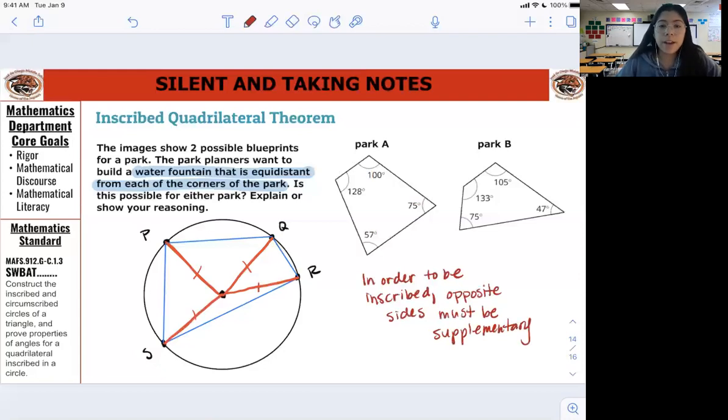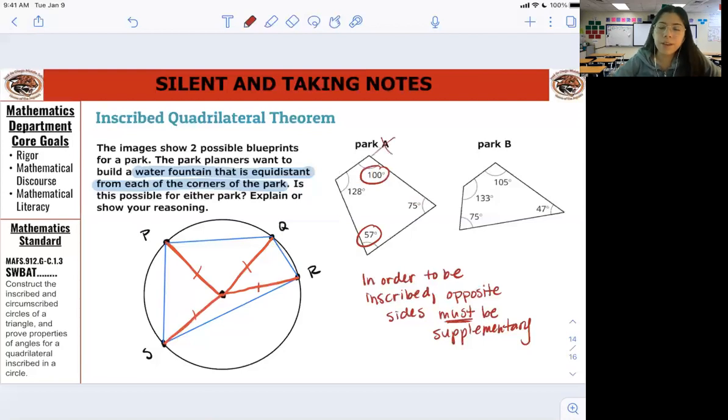So Perla's saying A is a no-go, and why not? Good. For example, 157 are not supplementary. So Park A doesn't work out.